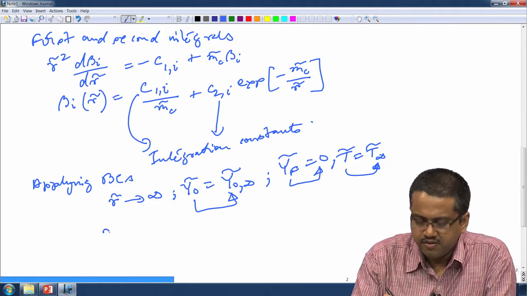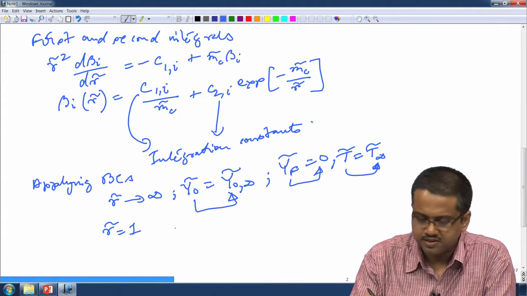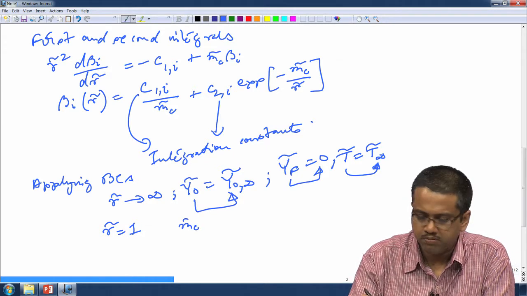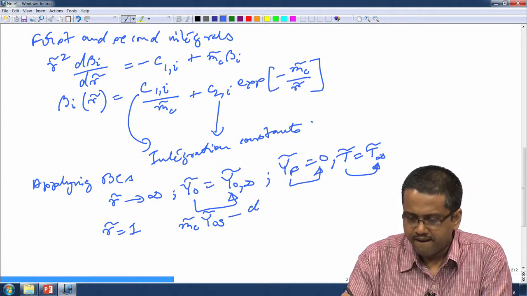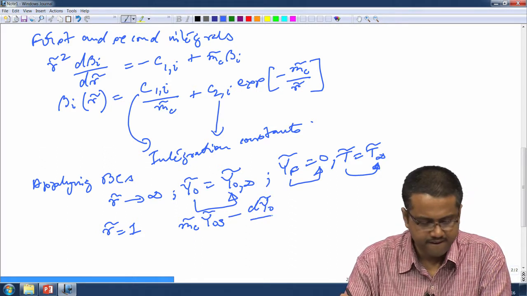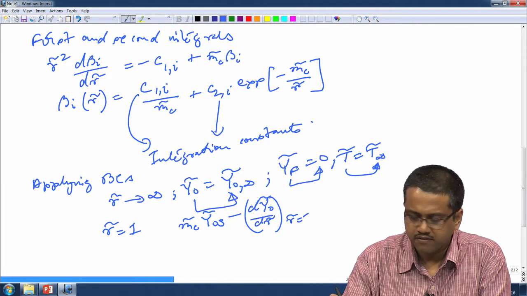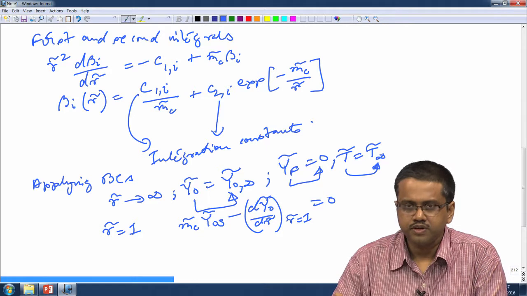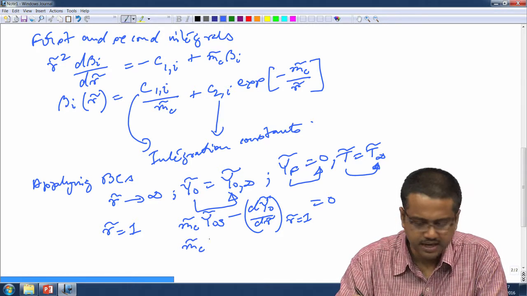However, at r bar equal to 1, that is at the droplet surface, things are a little bit more complicated. Equal to 0, that is condition 1, and we will look at what these things exactly mean.